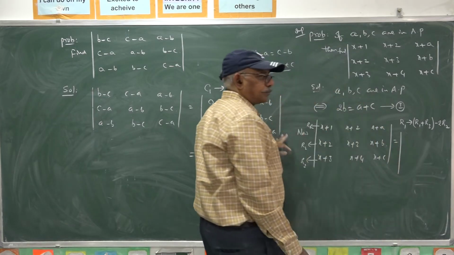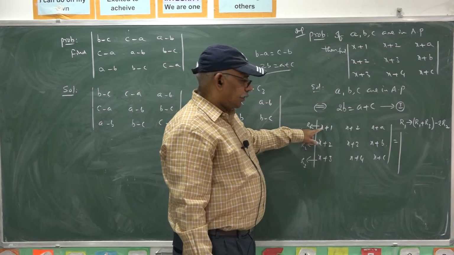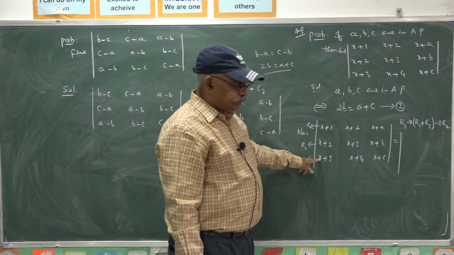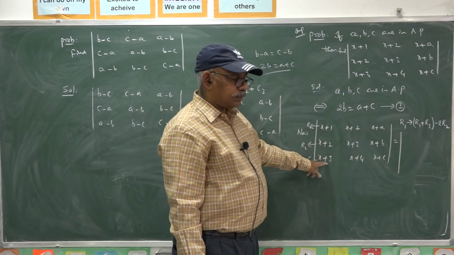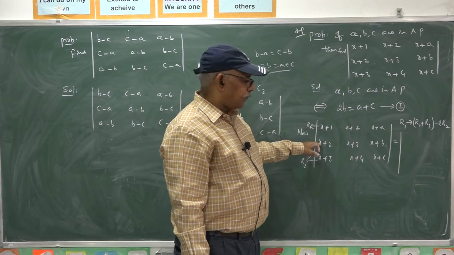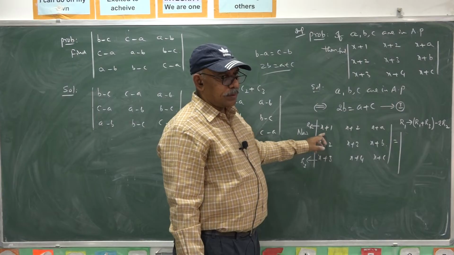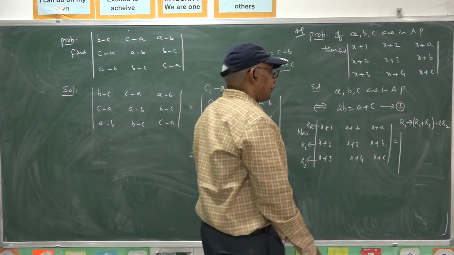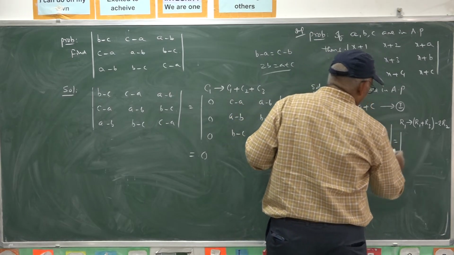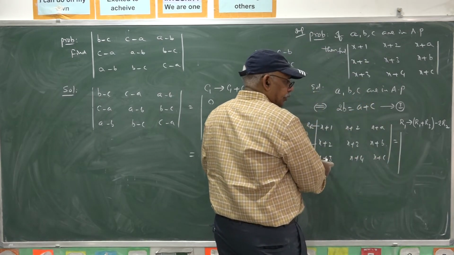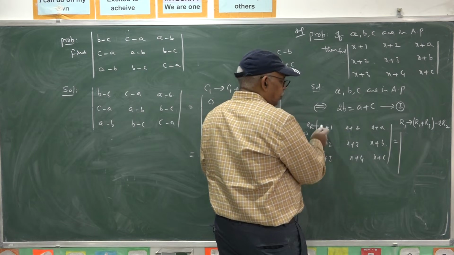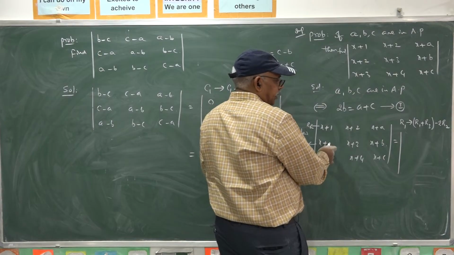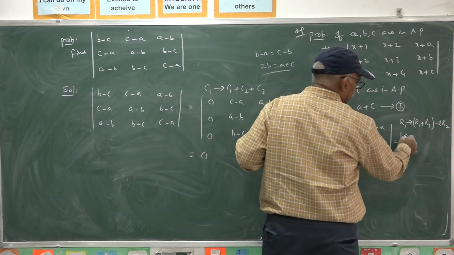So here we get x plus 1 plus x plus 3, which gives 2x plus 4, minus 2 into x plus 2, which gives clearly 0 here.